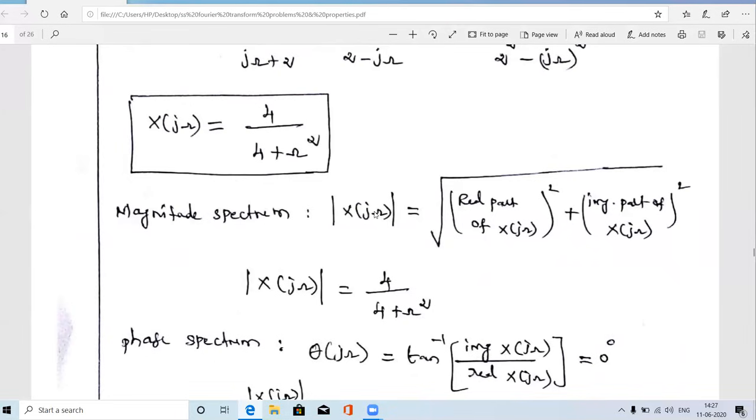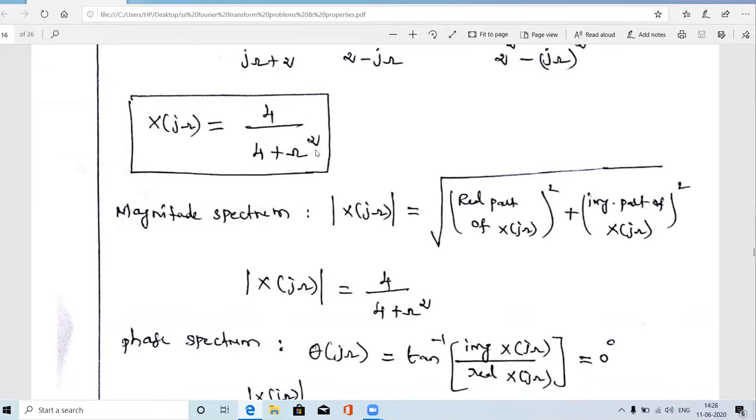So first, we are going to calculate the modulus of x of j omega. What is modulus of x of j omega? It is nothing but the square root of the real part of x of j omega squared plus the imaginary part of x of j omega squared. So here you see in the calculated x of j omega value, 4 by 4 plus omega squared, is there any imaginary term?